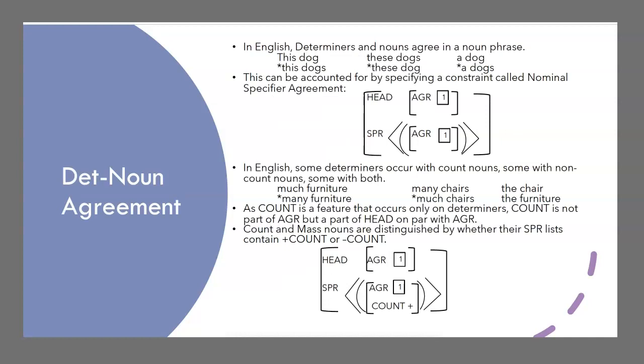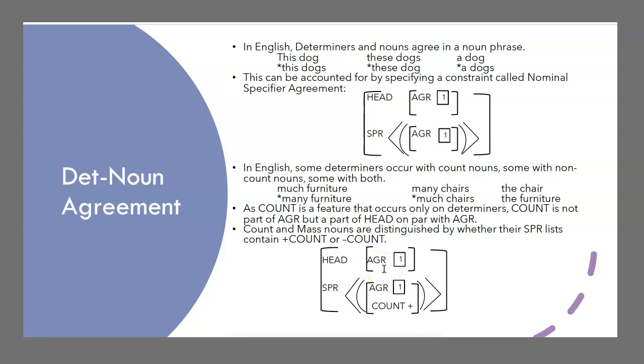So when do we get count minus? Count minus you get for 'much', furniture. Right? For the lexical item 'much', you will have head feature AGR, and AGR number, possibly singular, and then count is minus.